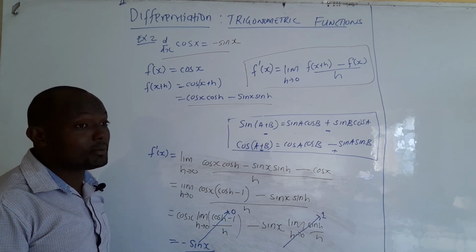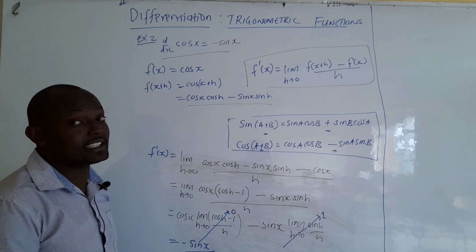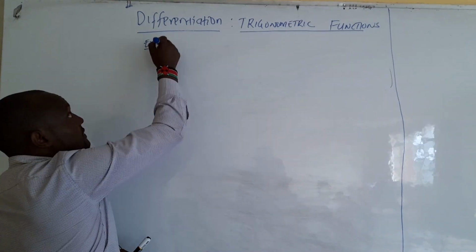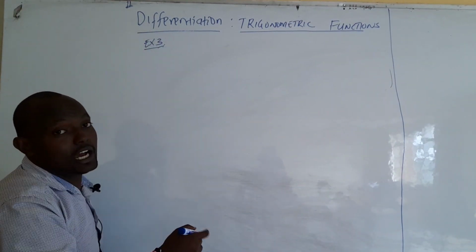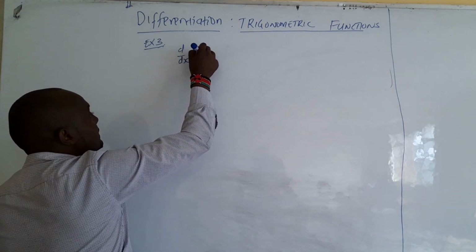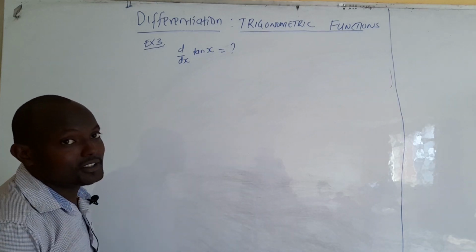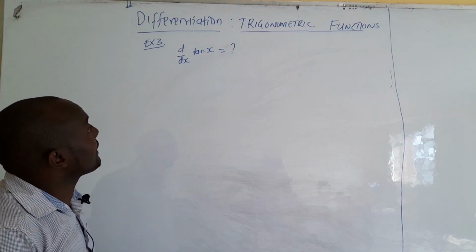Maybe I can give an example on how we differentiate tan x. It's our example 3 now. How do we differentiate tan x? This is a bit different from the other ones.